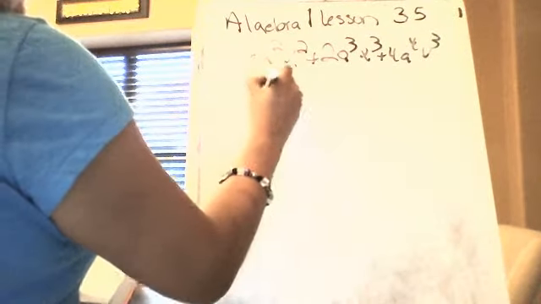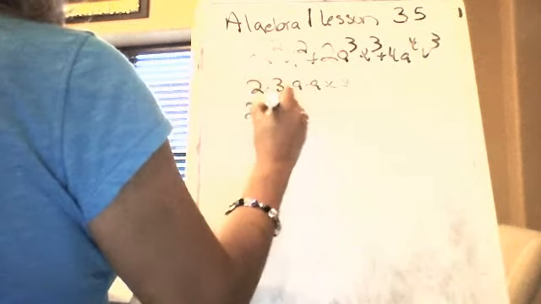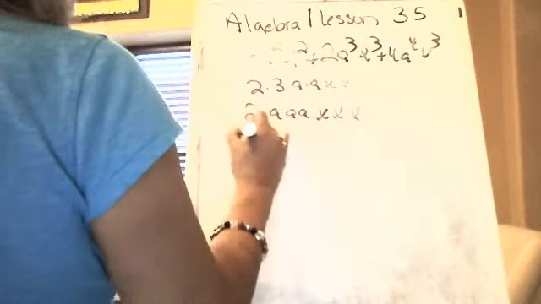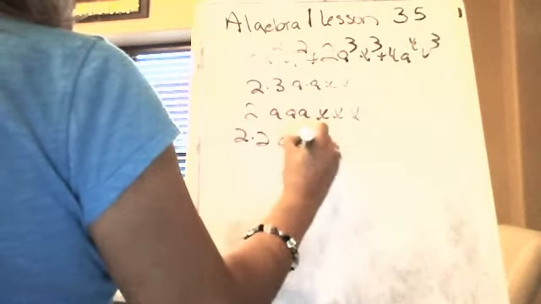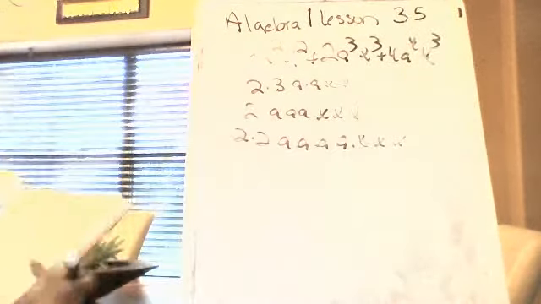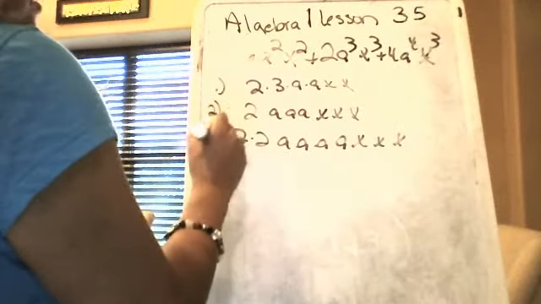So I'm going to do 2 times 3 times a times a times x times x; 2 times a times a times a times x times x times x; 2 times 2 times a times a times a times a times x times x times x. I'm not rewriting them, I'm just calling them term 1, term 2, term 3.